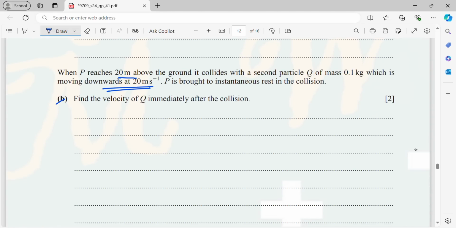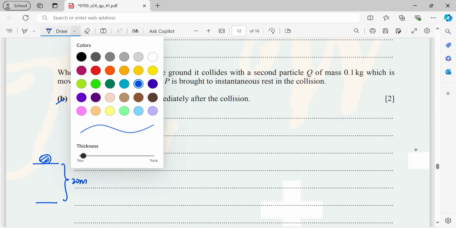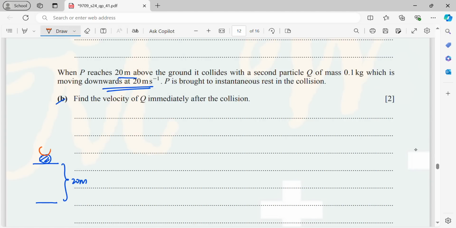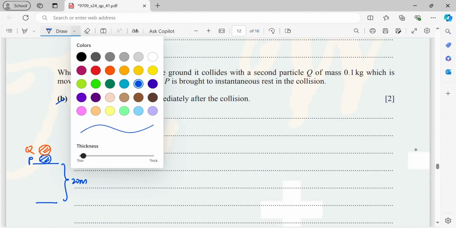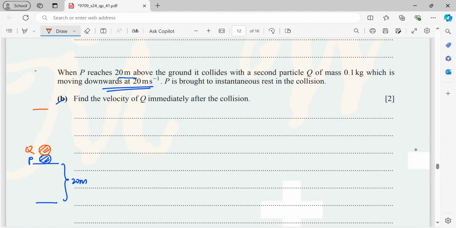That means now here, when it reaches 20 meters, your P is over here. It collides with the Q. Here is the Q. Okay, here is the P. So basically the Q over here, this is the initial position of the Q.